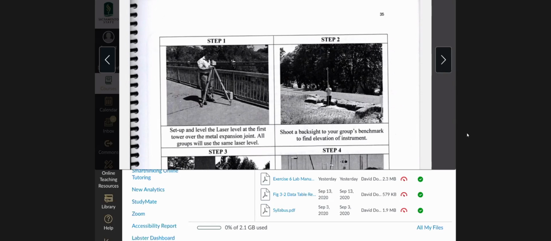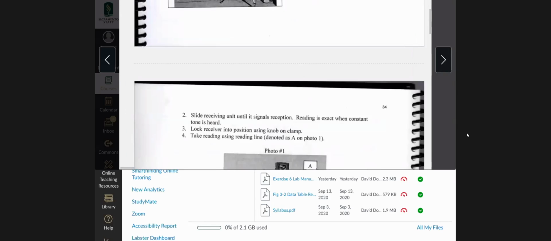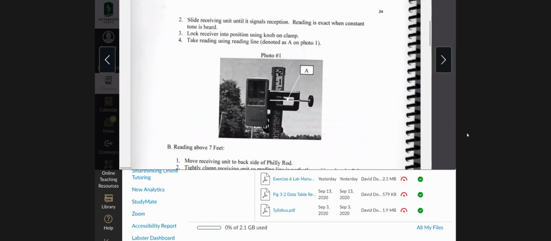Okay, so you'd mount the bracket at 7.00 at the top of the rod, and instead of physically moving the receiver on the rod like you would do in a normal reading that is less than 7 feet, with this one, the bracket and the receiver stay in a fixed position at 7.00, and you raise or lower the rod until you get the solid beep.